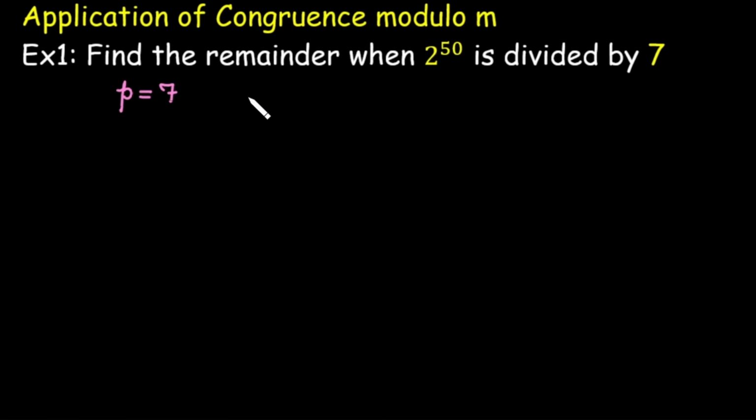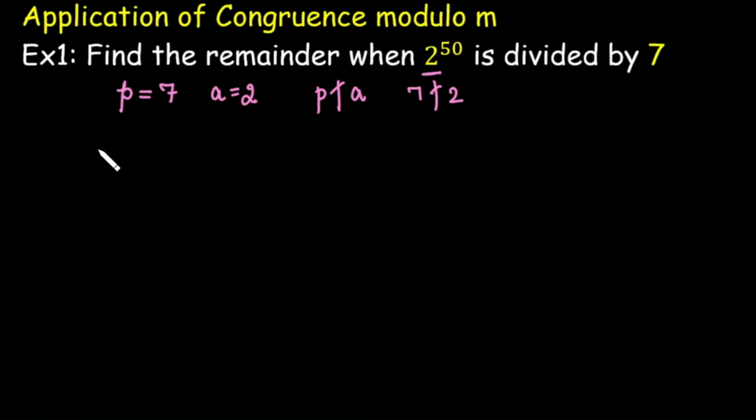Now identify the value of a as per Fermat's theorem. We need to divide this number by 7, so the base is 2. It means a is 2. Now check whether p divides a. No, because 7 does not divide 2. Now apply Fermat's theorem.